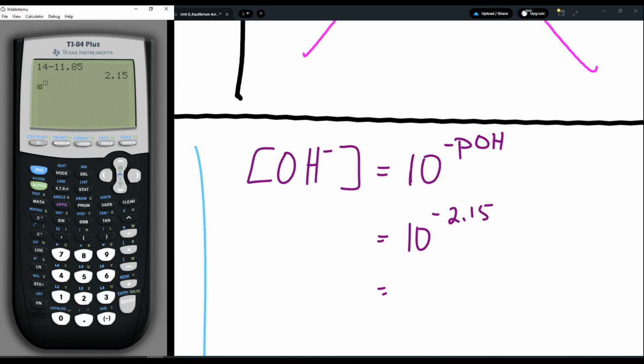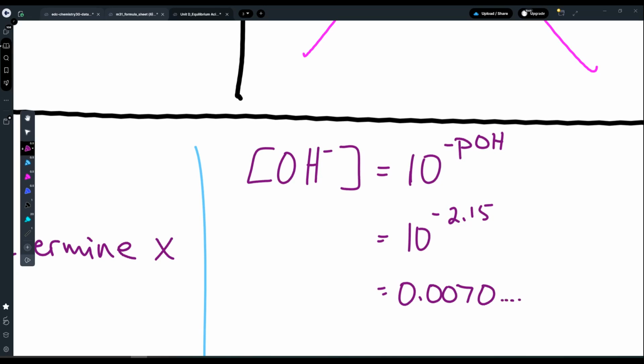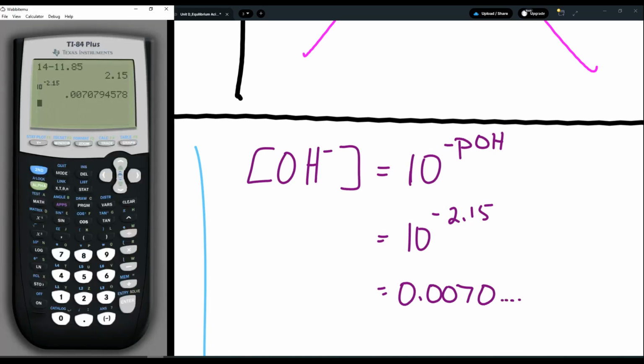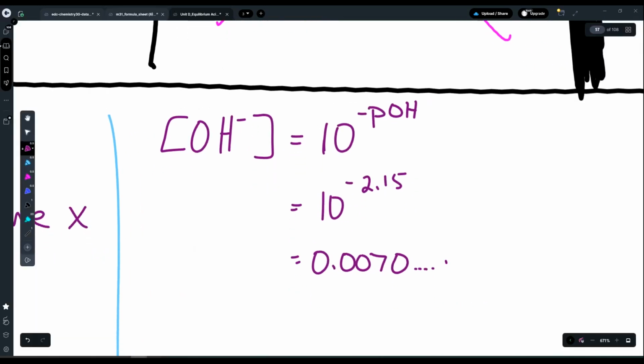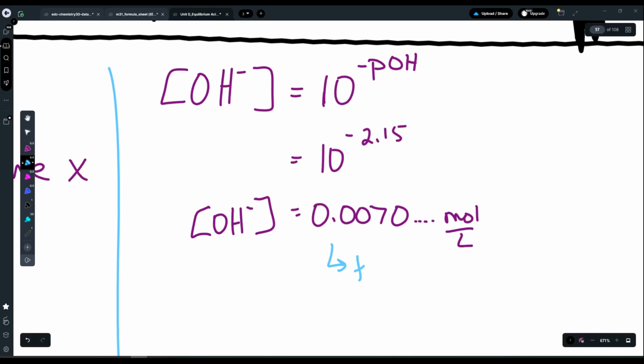Second function log, negative 2.15, enter, 0.00707 goes on forever. There was no times 10 to the power of whatever exponent, so I'm just going to leave that as is. So that is our concentration of hydroxide ions, which is also X.